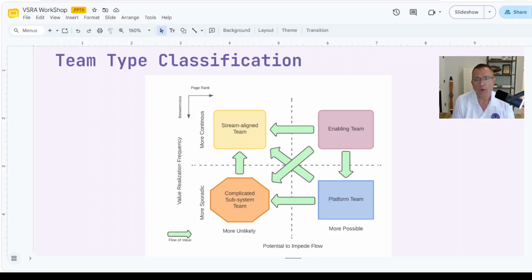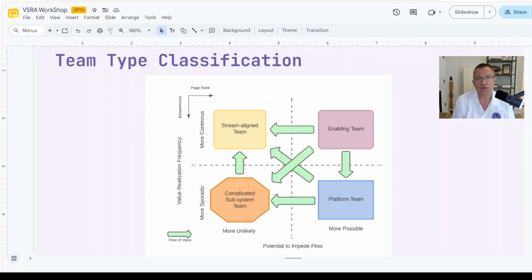So when we look at the 4 team types that exist in team topologies, we see that there are these 4 teams that are all working towards trying to be as autonomous as possible, but still integrating with each other, still working with each other to provide value to each other in some way in order to provide value to the end user ultimately.